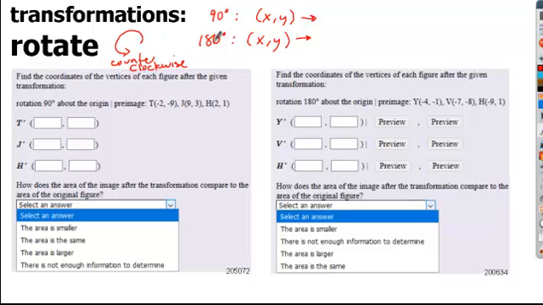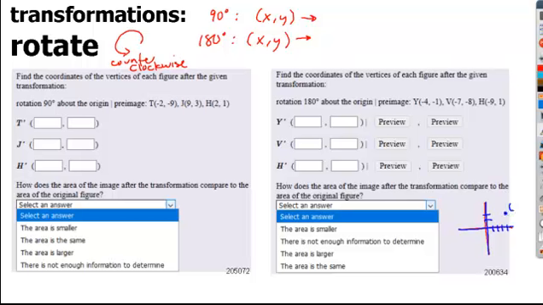Okay, so the 180 degree rotation is the easiest one. Because if you took an image, so let's take, I'm going to draw an image down here. All right, so if I took 1, 2, 3, 4, 1, 2.